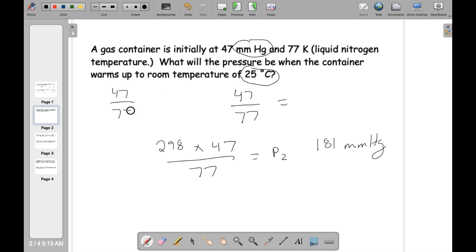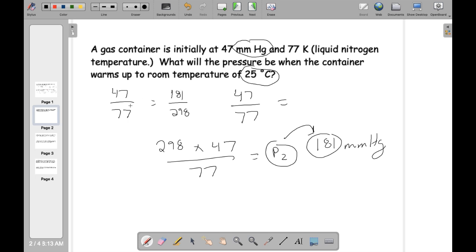Okay? And then I had the pressure I'm looking for over 298. I found P2. This is the second pressure, 181. So you can just take 181, put it right here. Put your 181 right there.